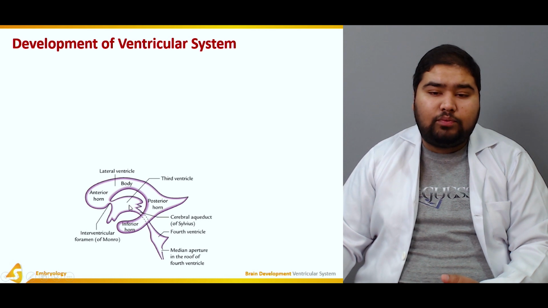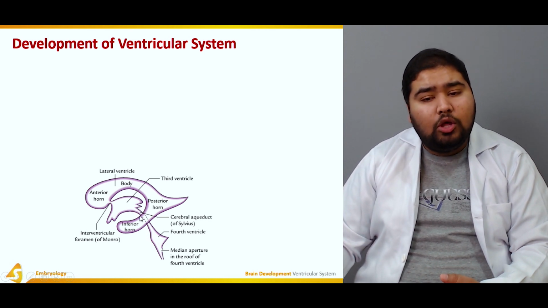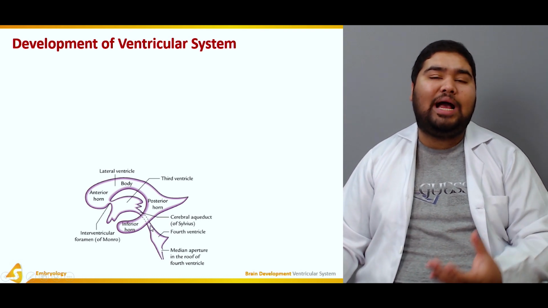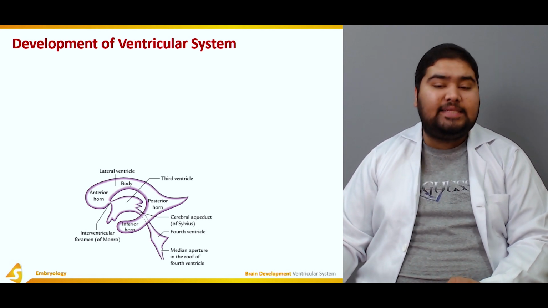Now this third ventricle communicates with the fourth ventricle through the cerebral aqueduct. This cerebral aqueduct is also known as the cerebral aqueduct of Sylvius.